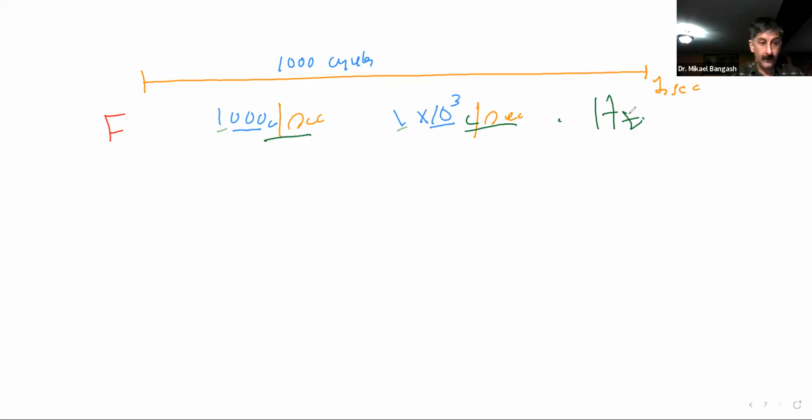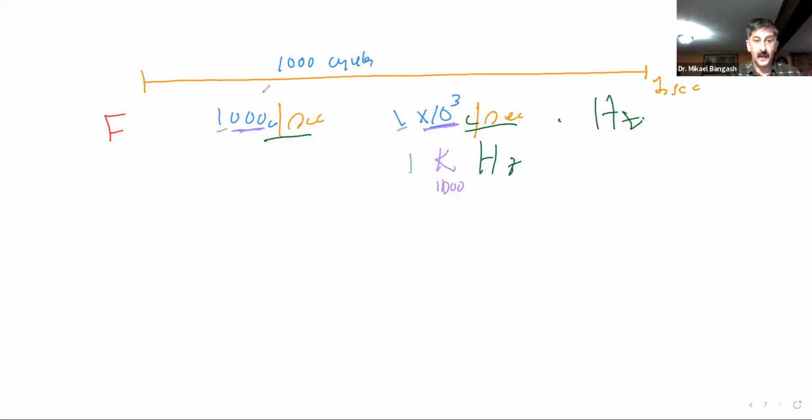Yes, we can even go and say 1. Now this 10 raised to the power 3, which was your 1,000, can become what you call a kilo. Because we know that a kilo was 1,000 hertz.